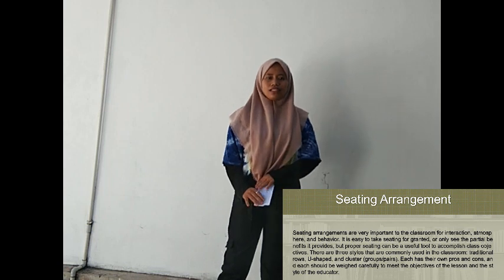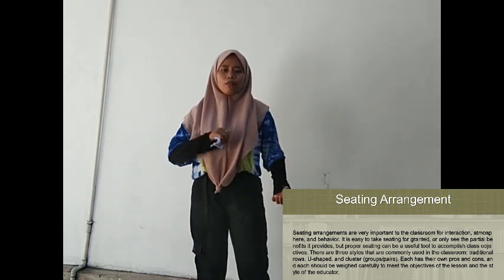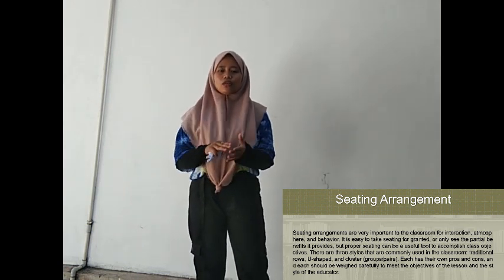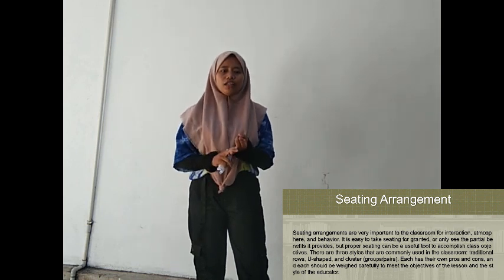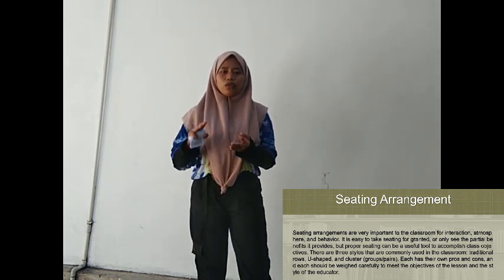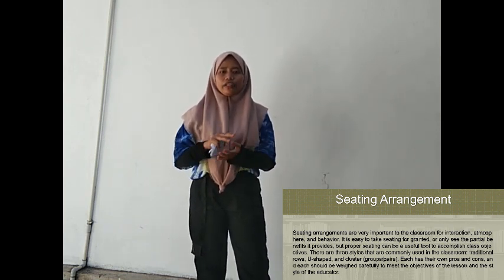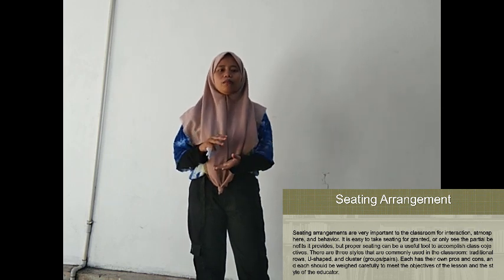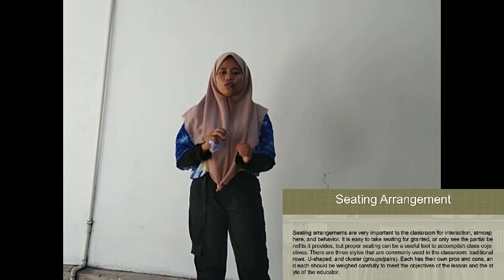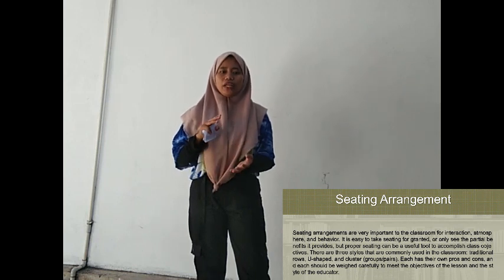Seating arrangement is very important to the classroom for interaction, atmosphere, and behavior. It is easy to take seating for granted or only see the partial benefits it provides, but proper seating can be a useful tool to accomplish class objectives.